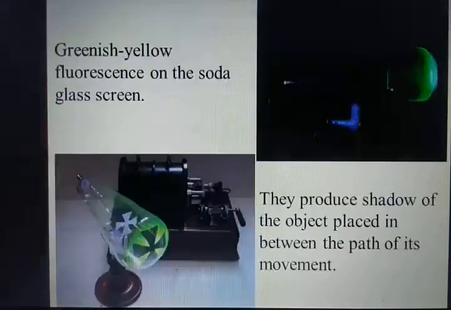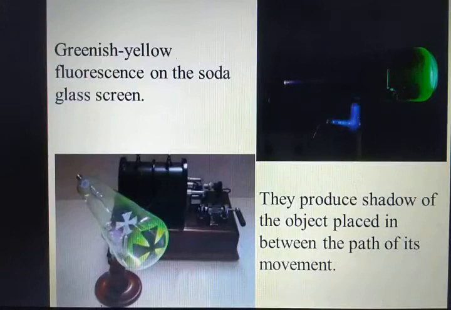Now as you can see over here, there is the shadow of the object which has been kept in the middle. There's a fan-like thing which is creating a shadow on the screen at the back side. And along with the screen, the gas or the substance is greenish yellow in color. So cathode rays are greenish yellow in color, that's acceptable.